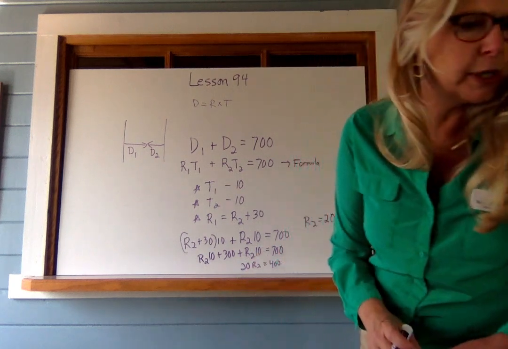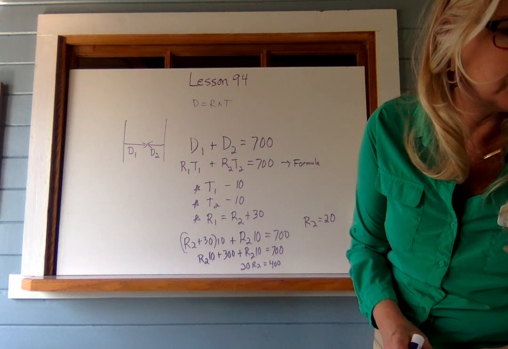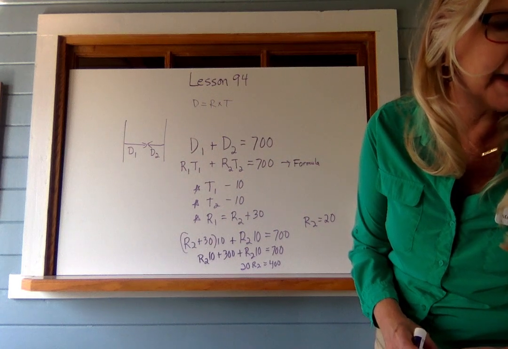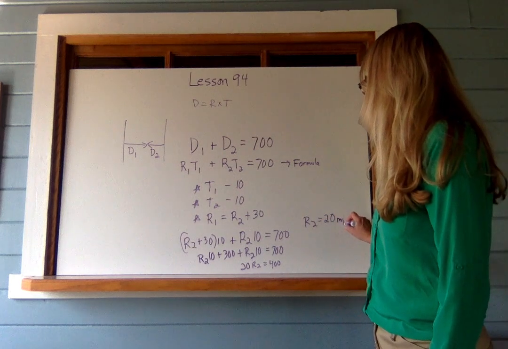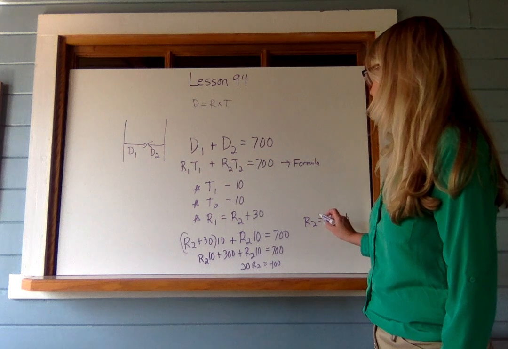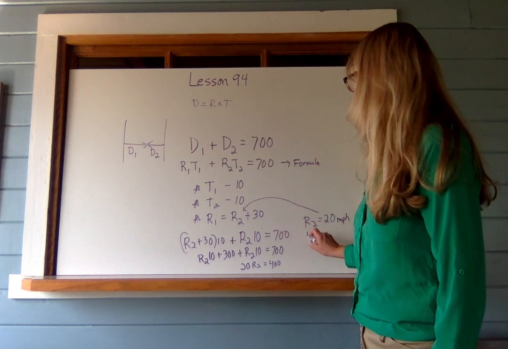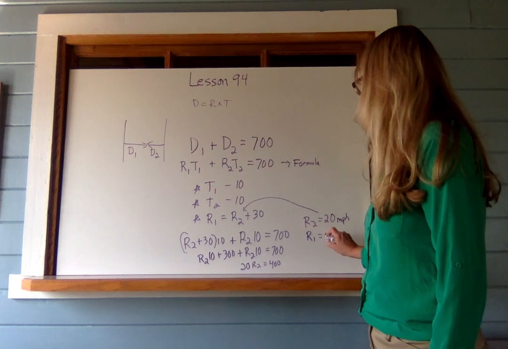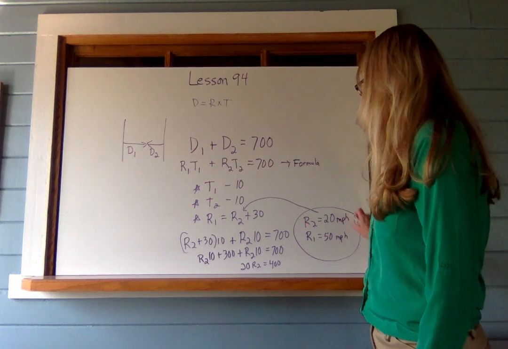I believe the question asked to find the speeds of both. Oh, so we needed to find the speeds. The second ship was 20 miles per hour, and then we plug in right here, so our other ship would be 50 miles per hour. It did ask the speed of both ships.